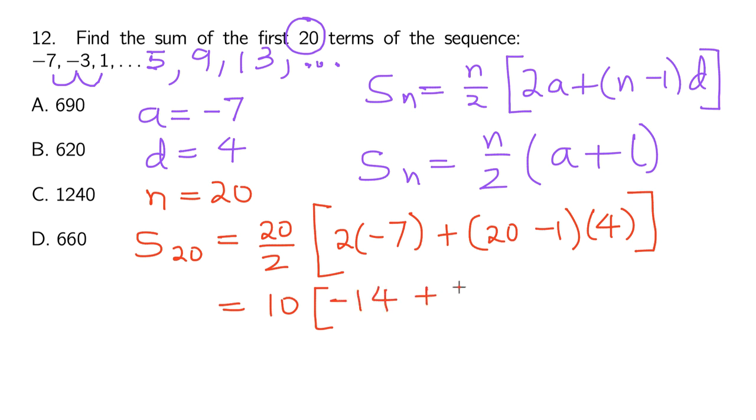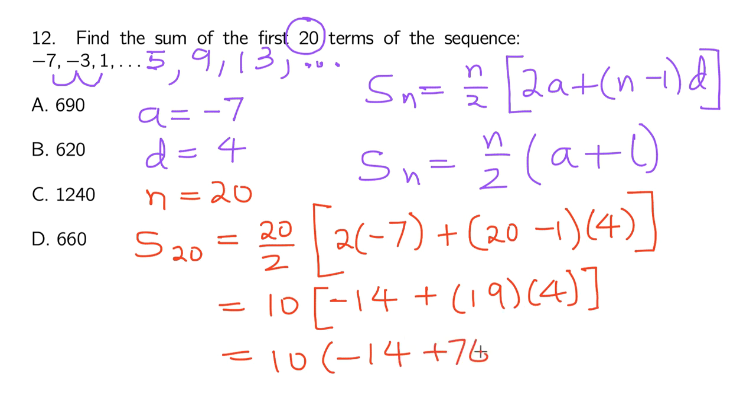This is 19 times 4. And then we have 10 times the bracket. 19 by 4 is 76. So this is equal to 10 times, what is 76 minus 14? That's 62.